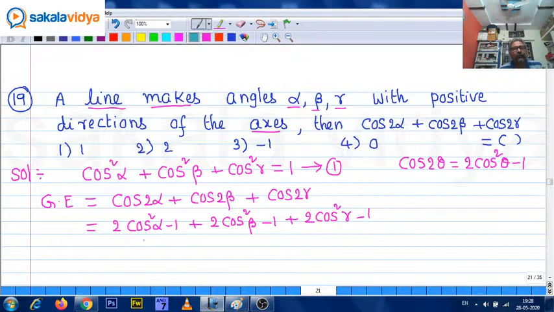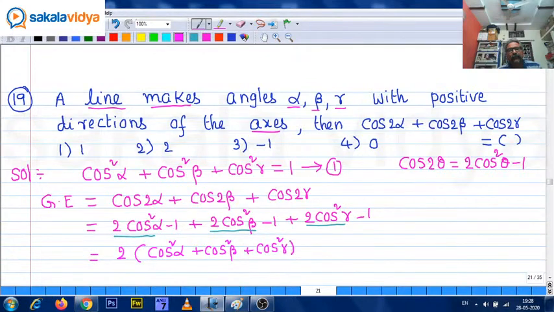From 2 cos square alpha, 2 cos square beta, 2 cos square gamma, take 2 common out. We get 2 times cos square alpha plus cos square beta plus cos square gamma, minus 1 minus 1 minus 1, minus 3. Now in place of cos square alpha plus cos square beta plus cos square gamma we can replace 1. So substituting, 2 times 1 is 2, minus 3 equals minus 1.